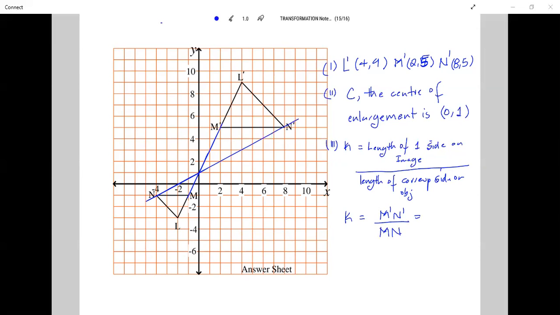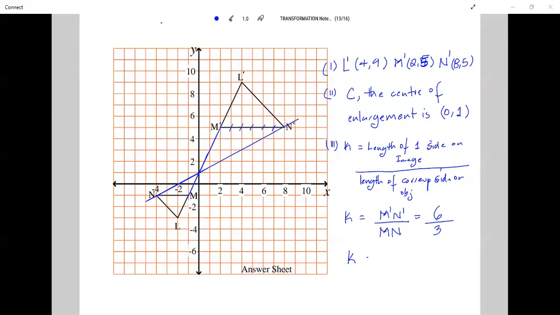Now M prime N prime, if you count, you get 1, 2, 3, 4, 5, 6. So M prime N prime is 6, divided by MN, which is 3.